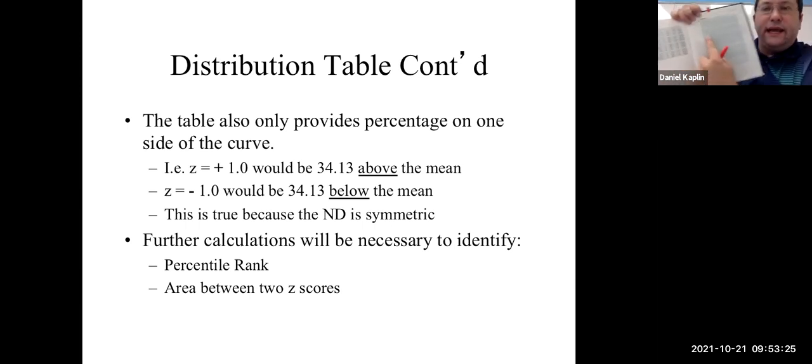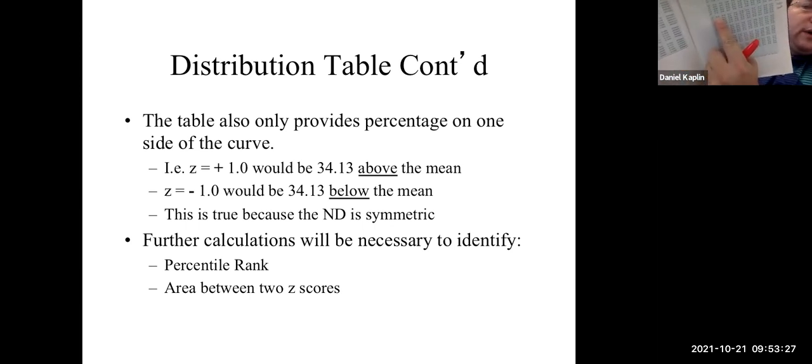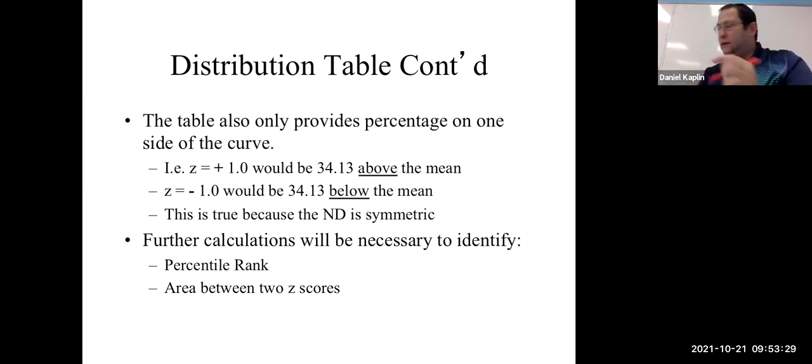So it would indicate 34.13%. So the percent of cases that occur between the mean and +1.0 is 34%. Now I'm gonna do another bell curve in a minute.